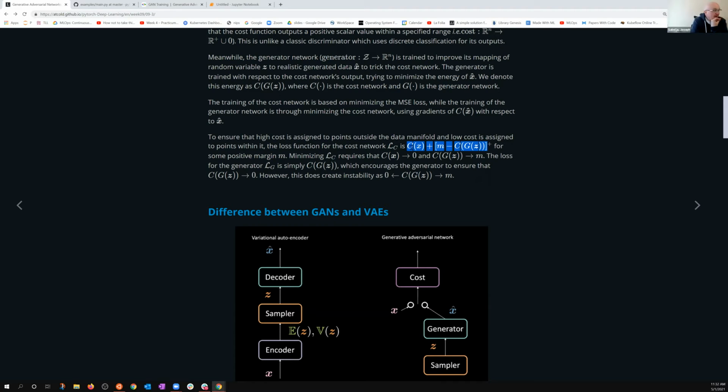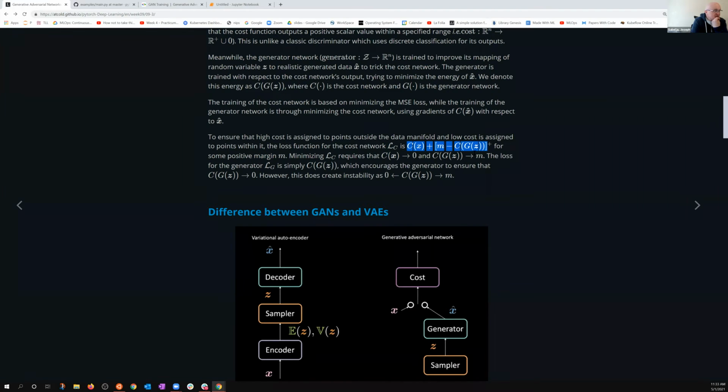So if the input is X, right, then the loss is equal to what? What would C of G of Z equal? You take both, just C of X together, right? That's just C of X. But what would that be if I'm pumping in just X?